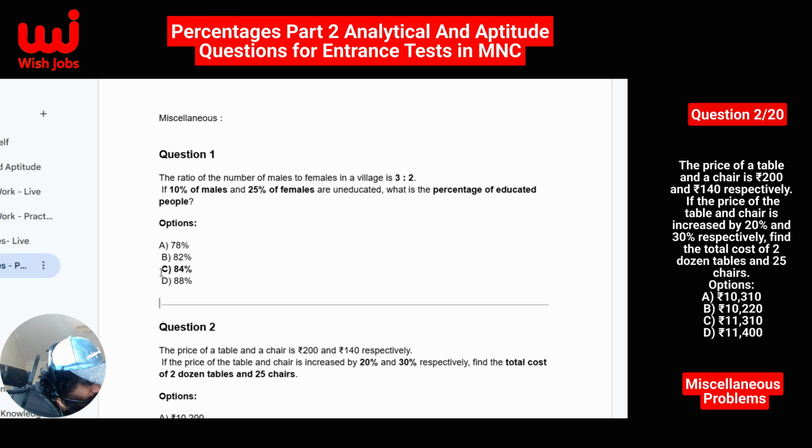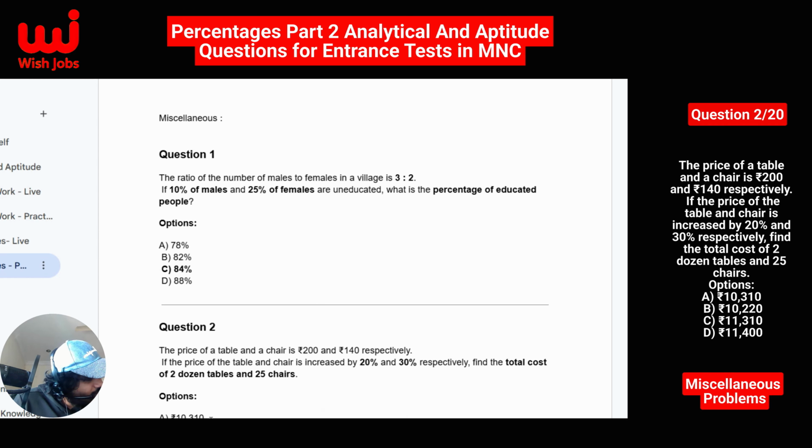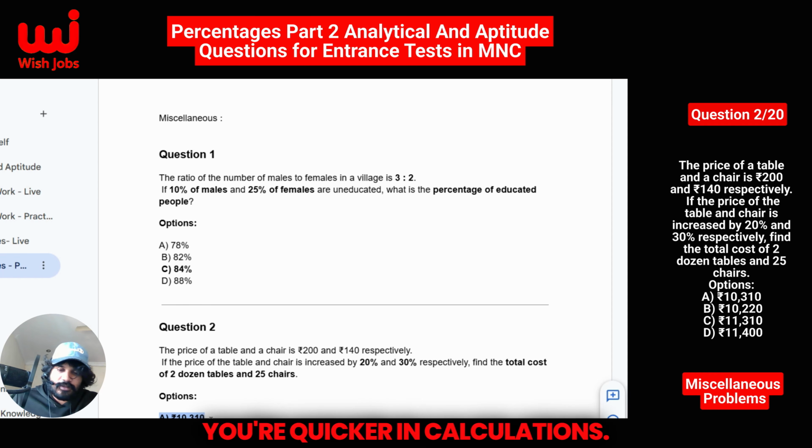So what is the answer? 10,310 is the answer. Yeah, you also got 10,310, right? Okay, great. You're quicker in calculations. Just get the concepts right.